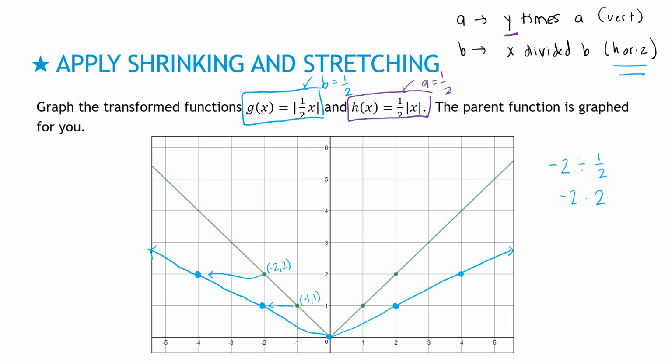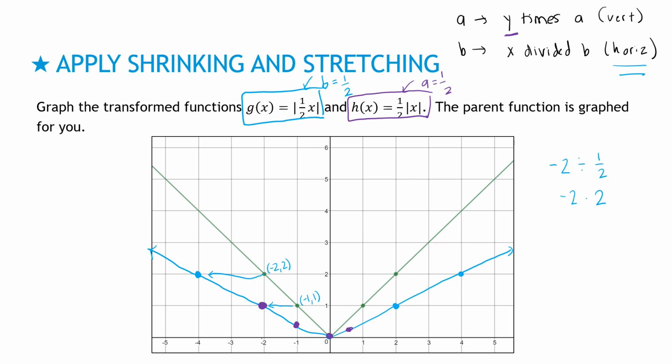So for negative 2, 2, it's going to be negative 2, and then times 1/2 gives me this point right here. And then negative 1 comma 1, I'm going to take the y value times 1/2, so it's negative 1 comma 1/2. 0, 0 is going to remain the same.